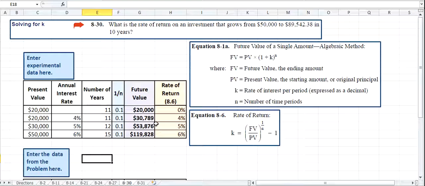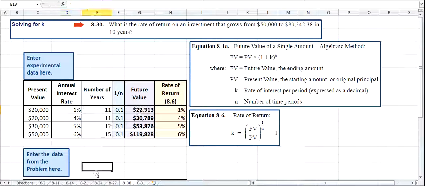Just for the sake of showing you how to do this, we're pretending I don't know the answer is a 4% rate of return. But I do know my future value, I want it to grow to 30,789.